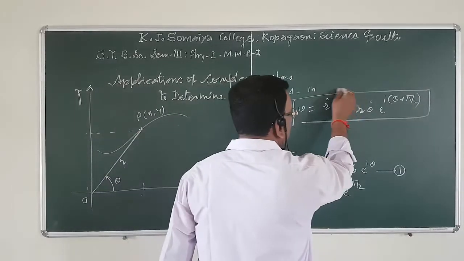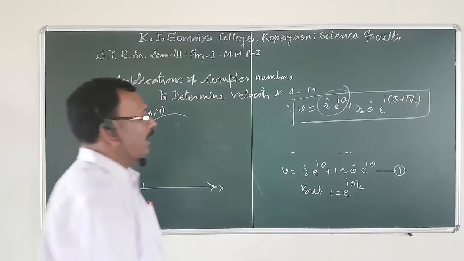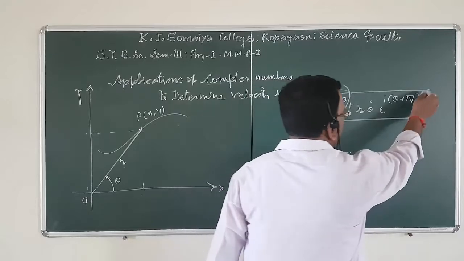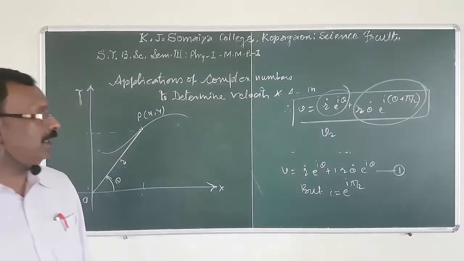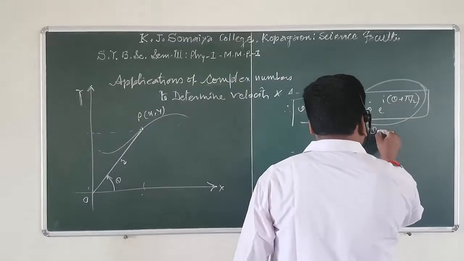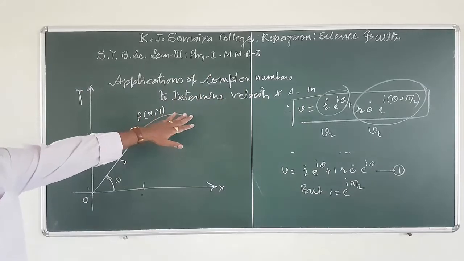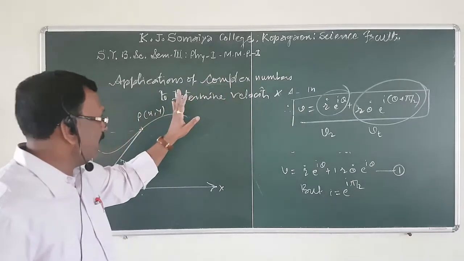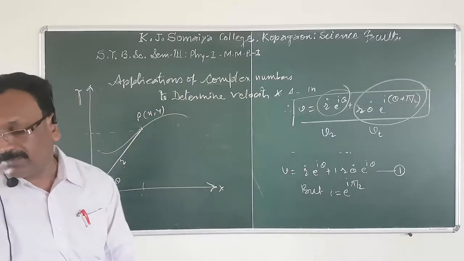In this equation, this is the radial component of velocity and it is represented by Vr, and this part represents the transverse component of velocity and this is represented by Vt. In this way, we determine the complex velocity of a particle moving along a curve on xy plane.